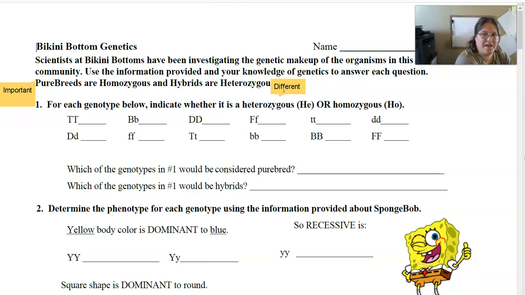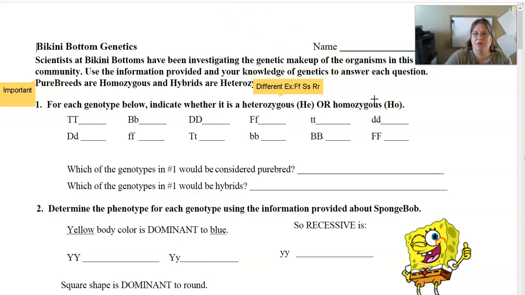Well, that means a capital and a lowercase letter together. It doesn't matter what letter, but a capital and a lowercase together. These are just different examples.